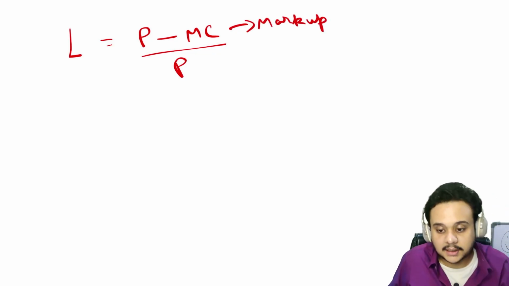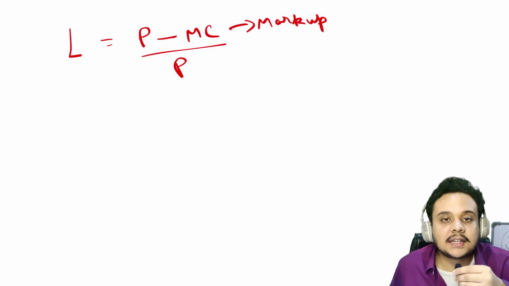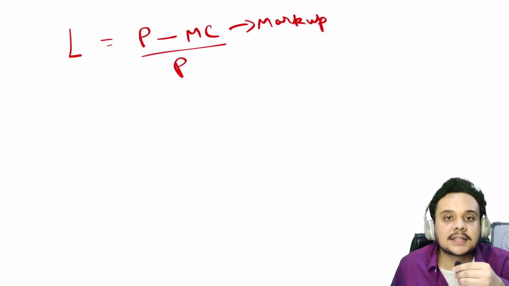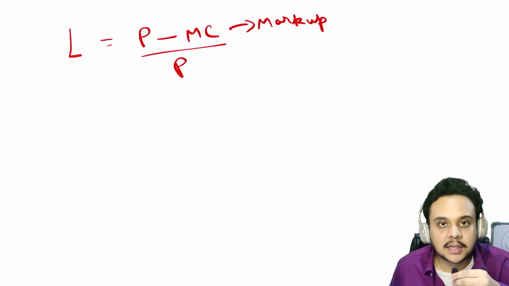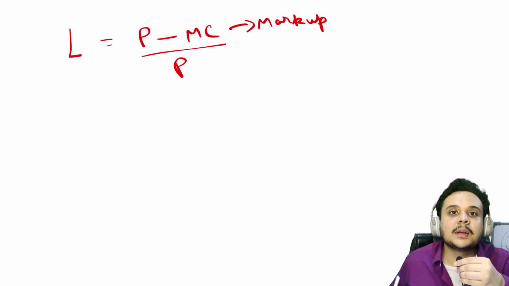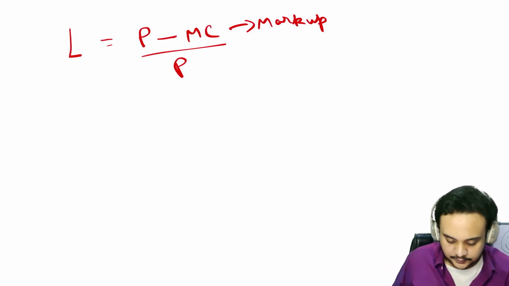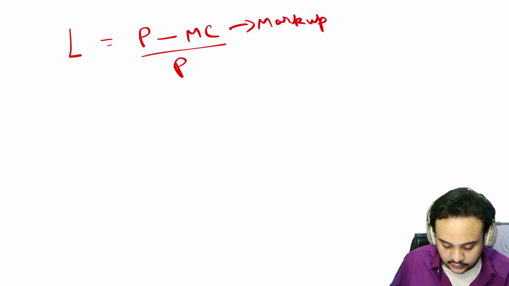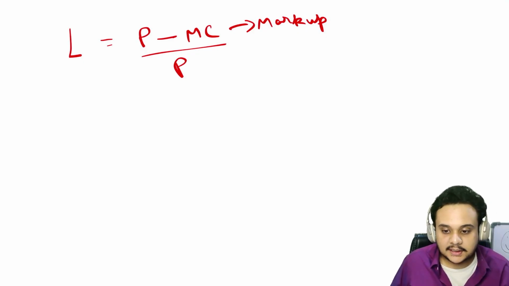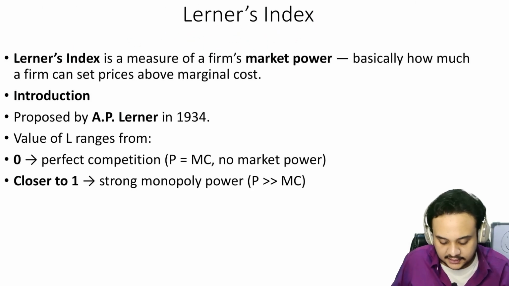This is the markup, the difference between the price and the marginal cost for the firm. How much above the marginal cost is the firm setting its price. So this is going to be the left hand side of the Lerner's index. We are going to understand the right hand side in just a second.